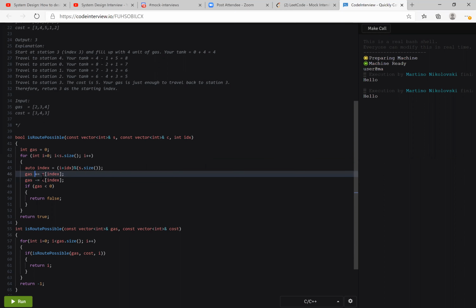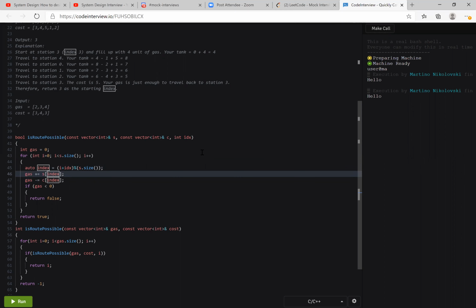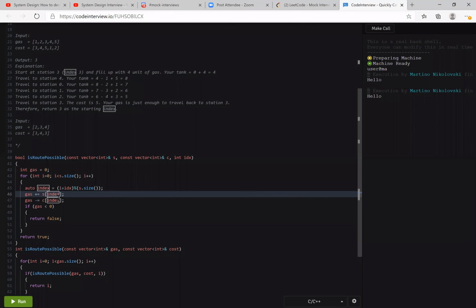One more thing. So gas plus is fine completely, but cost, have I messed up a little bit? Started in index 3 and fill up 4 units of gas, and the cost here would be 4, and we want to go to the next, so this would become this minus cost at 0th.